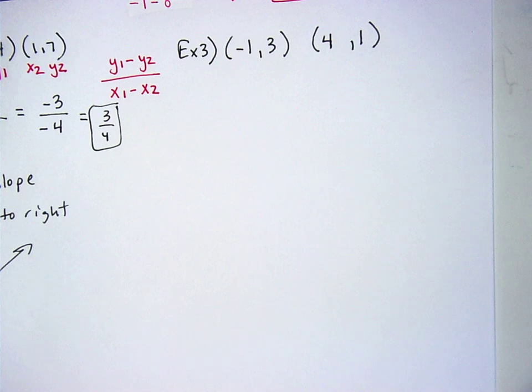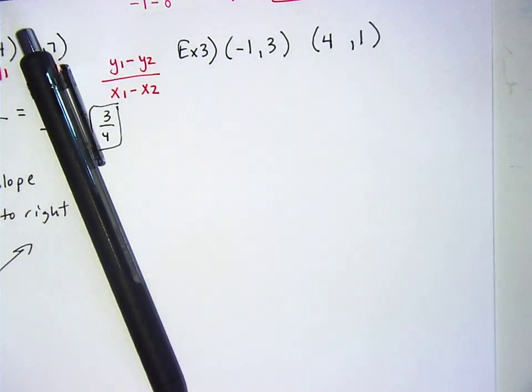I'll tell you that the correct answer for this is -2/5. So talk to your partner and decide if you're up for coming up here.